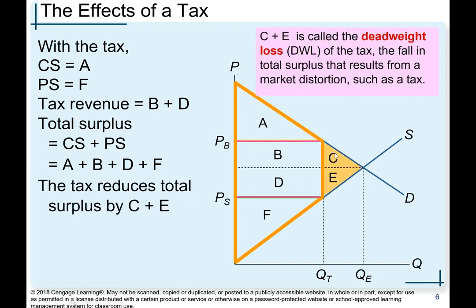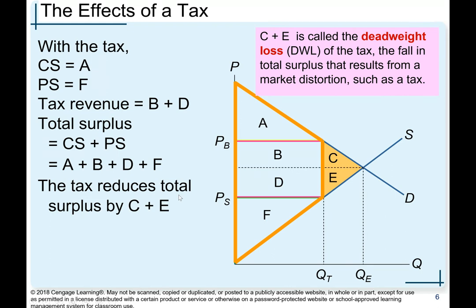There is a small triangle, CE, which is now called deadweight loss. That is C plus E. It is called the deadweight loss of the tax: the fall in total surplus that results from a market distortion such as a tax.